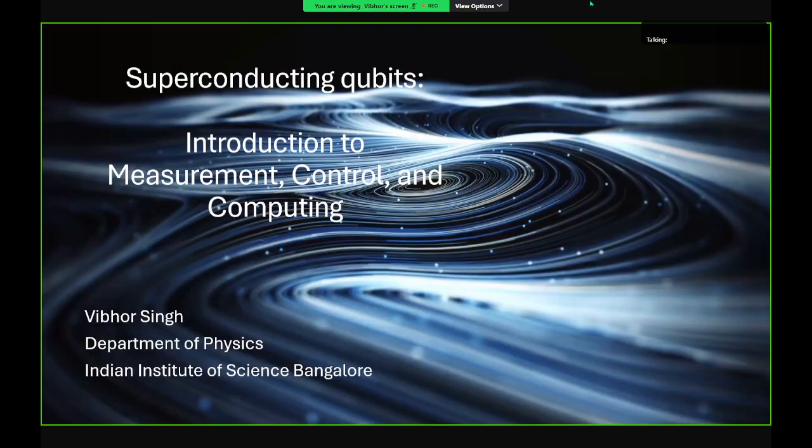Well, I was not very sure about who the audience is going to be for this talk. So I prepared a general introduction to superconducting qubits. I'll begin with some very basics, some key concepts, and then expand on them, connecting them to how to control superconducting qubits, how to perform measurements on them, and how these small ideas can be used to understand how to run quantum circuits on such devices.